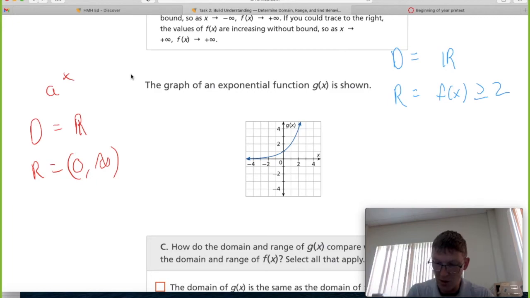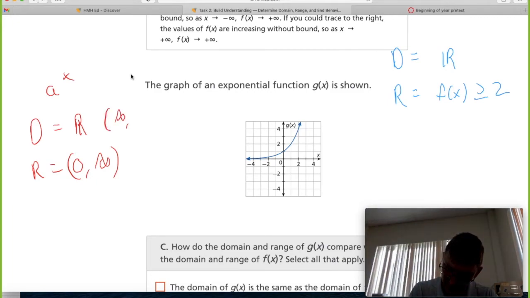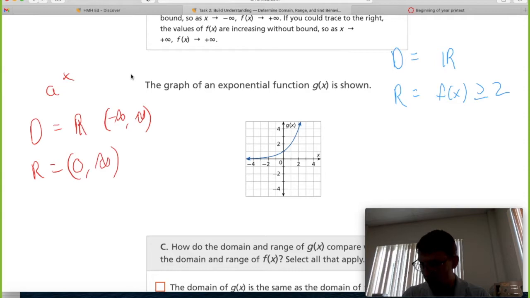So if I put them all in interval notation, just because it's good practice. So this one down here, the range, we said f of x is greater than or equal to 2, so whatever this top one is, so let's see here.